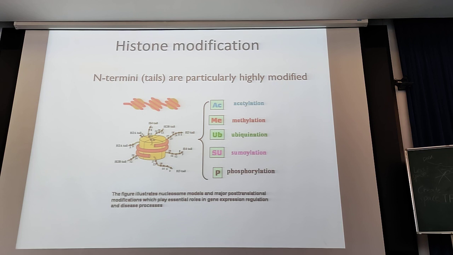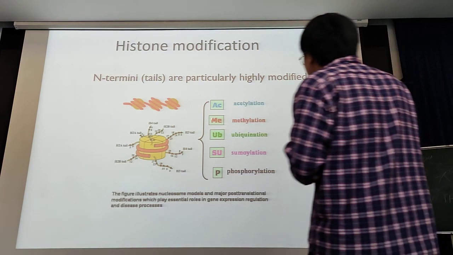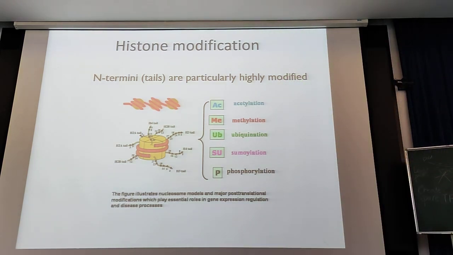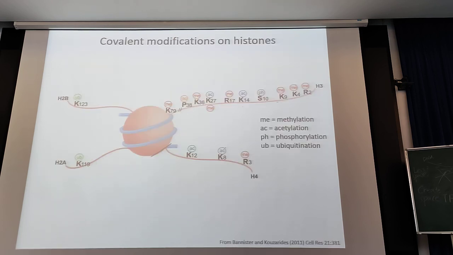So this whole process is composed of different modifications: the acetylations, methylations, ubiquitinations, sumoylations and phosphorylations. And this process is carried out by different enzyme systems.